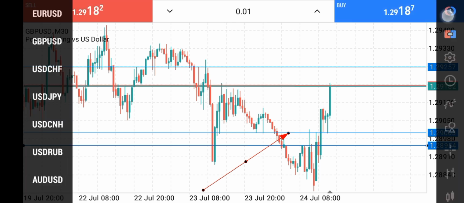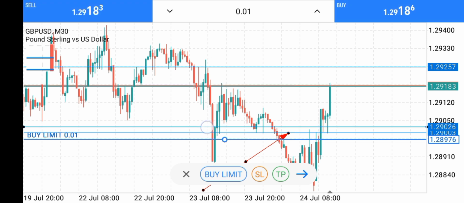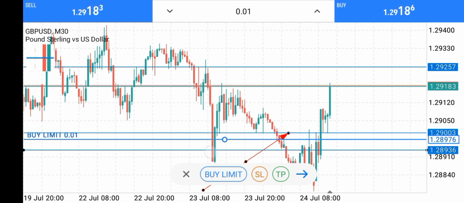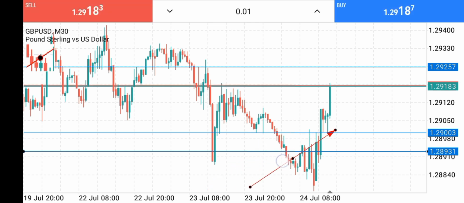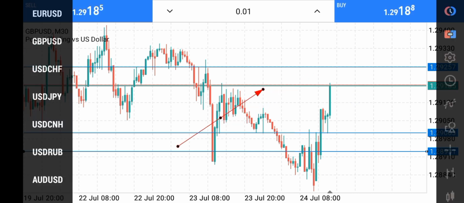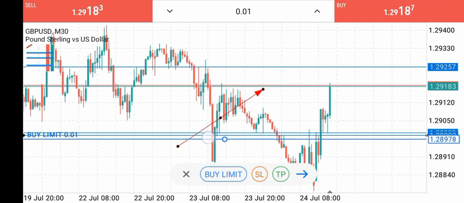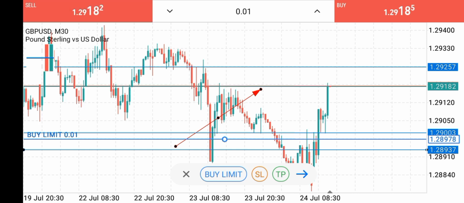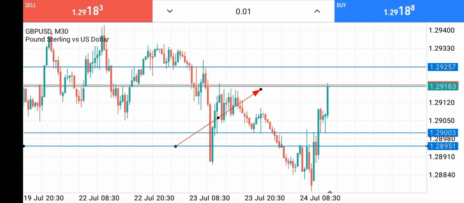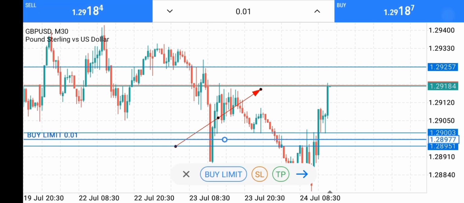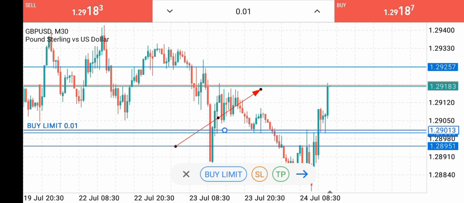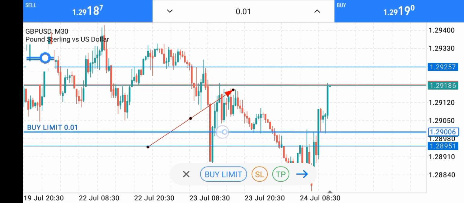So for example guys, I would still give this example that I use right here. So remember, this is still the example. This is your entry right here, this is your stop loss right here, this is your take profit right here. This is where you placed your buy.